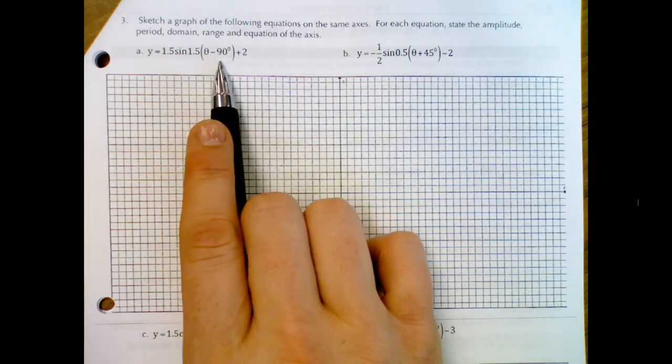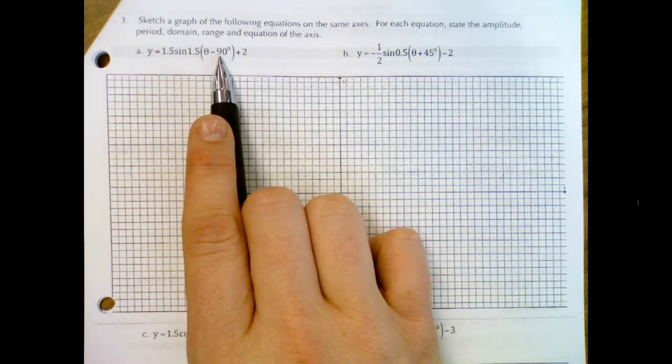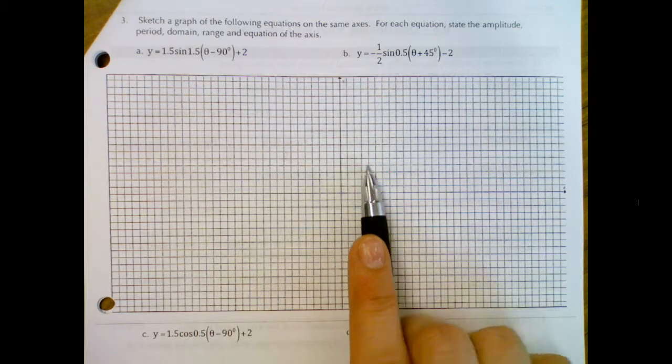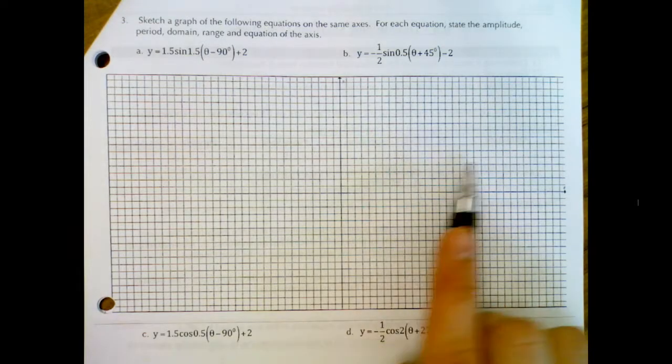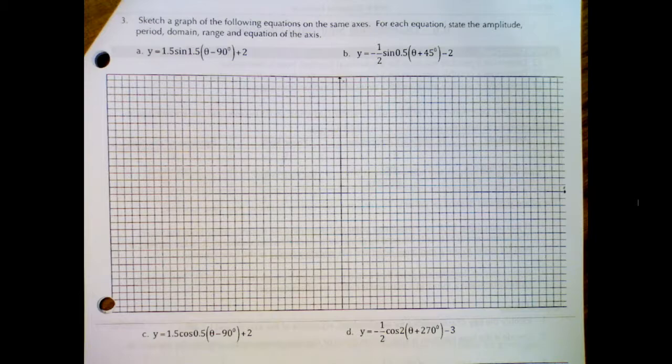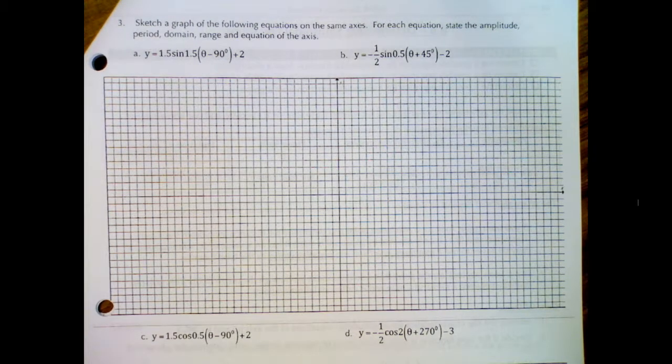Like if we look here, we have a shift of 90 degrees to the right. So instead of starting at 0 degrees, we're going to have a graph that's shifted over 90. So we expect a graph somewhere in this section of the graph. And that's okay. I'm not super picky on where you're graphing it. I'm just going to get you to take those 5 key points, transform them, and then wherever it ends up is where it ends up. And however many cycles there are, that's how many cycles you're going to graph.